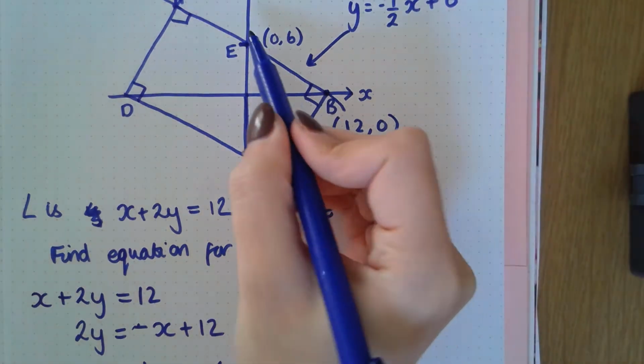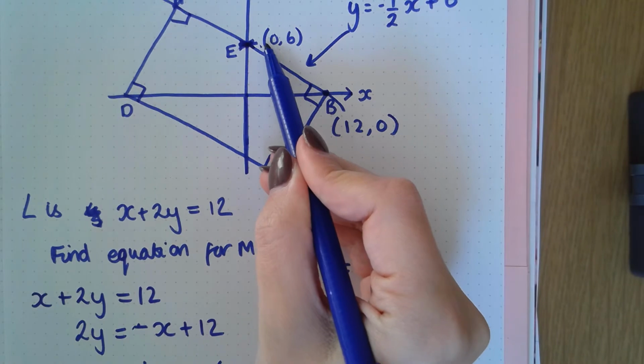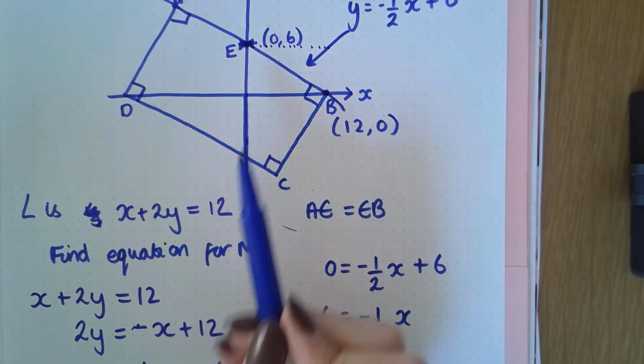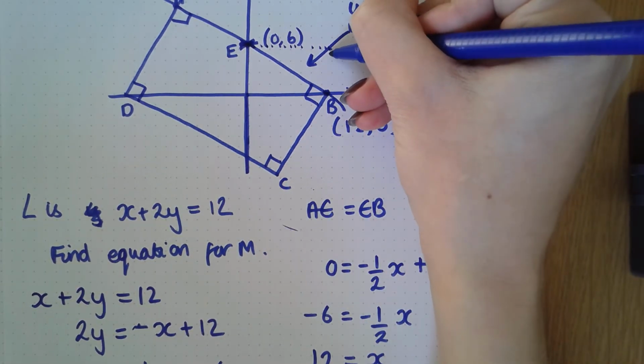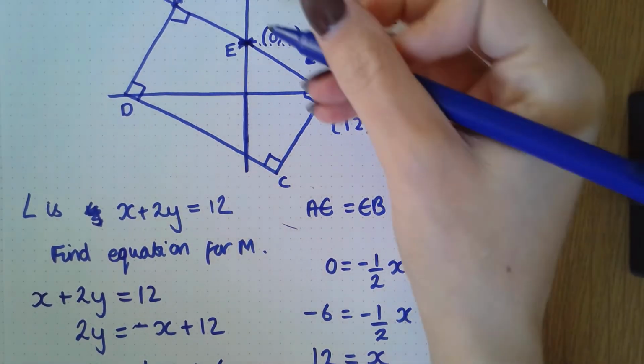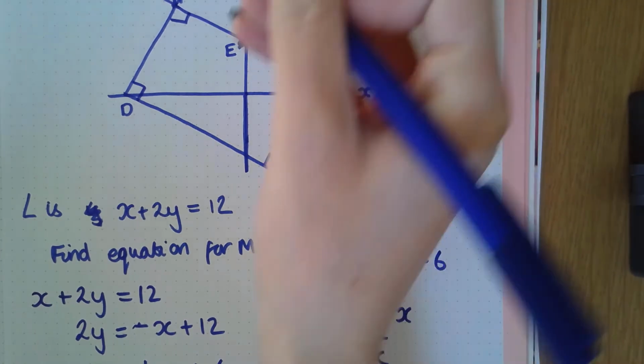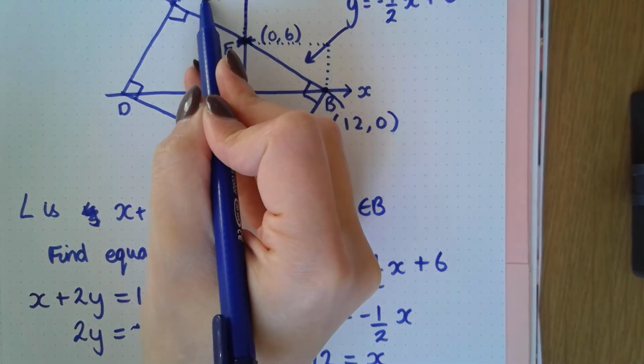So to get from E to B, I've gone along 12 and I've gone down 6. So I can do the opposite going back here. Instead of down 6, I'm going to go up 6 and I'm going to go along 12 again.